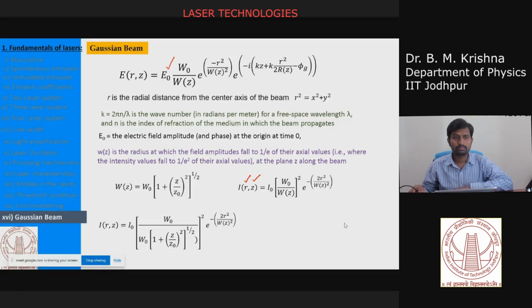Okay, so now your I of r, z can be written as, we know what W of Z is, so you substitute W of Z like this, then you will get this expression. So your W naught gets cancelled, your I of r, z equals I naught times 1 by z plus z naught whole square and e power minus r square by W of Z square.